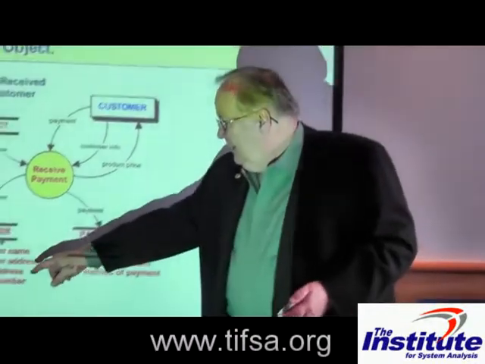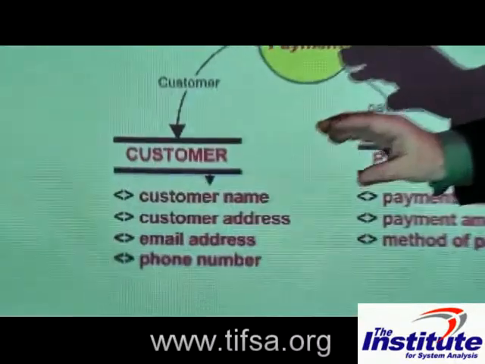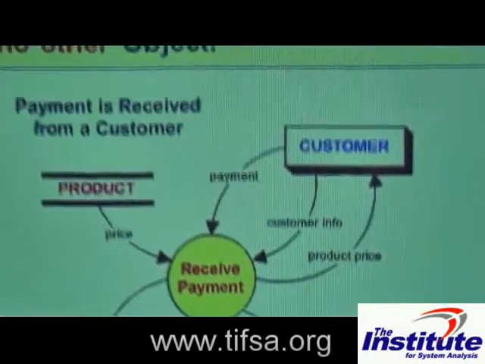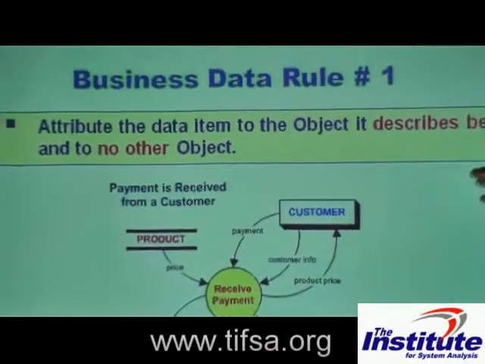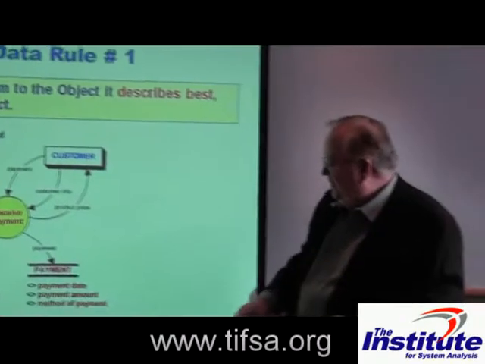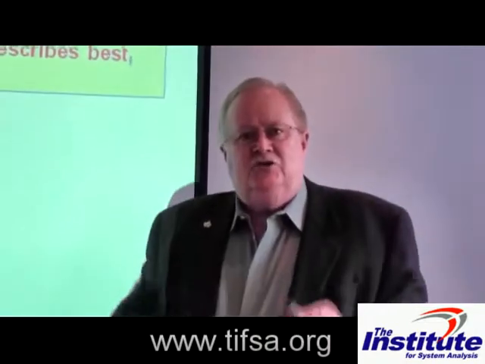A customer's email address would partially describe the customer, and we'd attribute it there. So we find the item that we need, and we attribute it to the object that best describes it and nowhere else. So if we have a payment amount, for example, and we attribute it to payment, it'll show up under payment and absolutely nowhere else. And that's the first rule. It's a very, very easy rule.